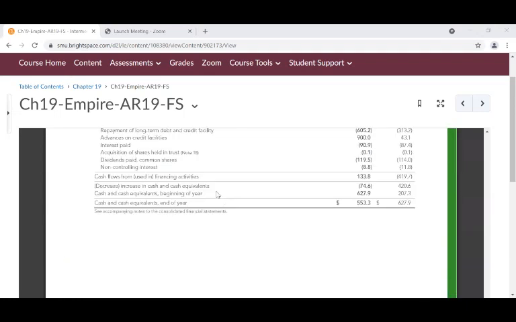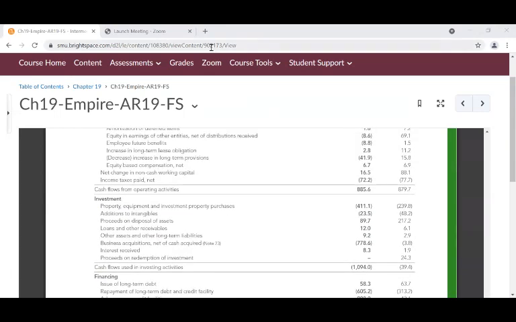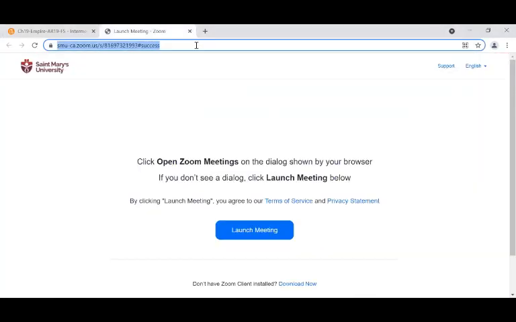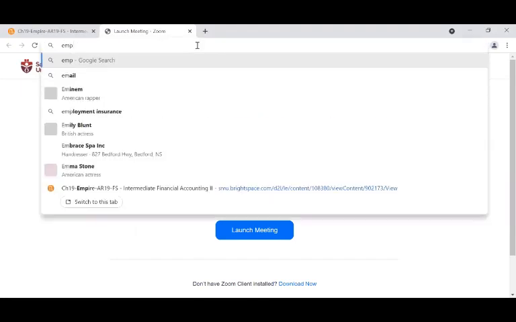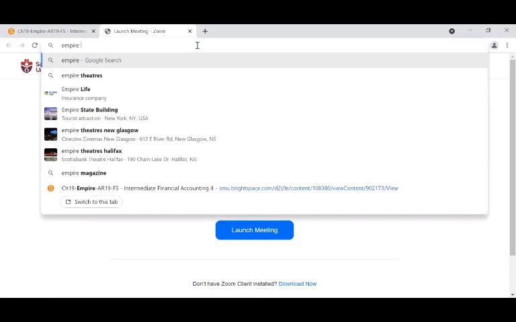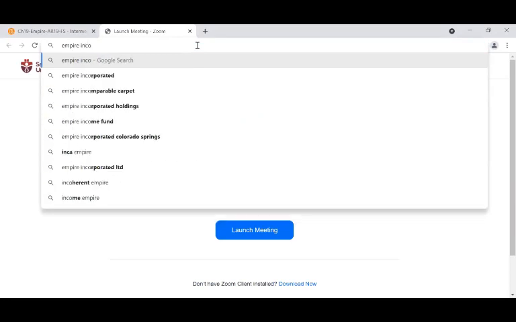Oh, where's the footnote? Okay, I cut out the footnote. Luckily we're doing this, so I just found it right away. Empire Incorporated.